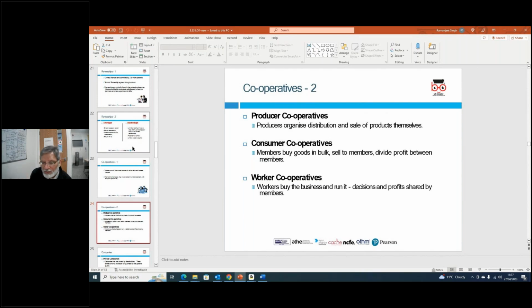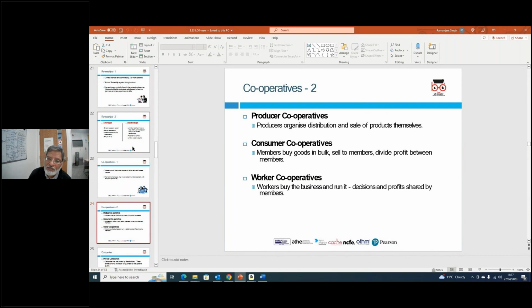A workers' cooperative is when you work for an organization, but maybe you don't get wages or salaries, but whatever profit they get from the buying and selling of those goods, the workers share between themselves.